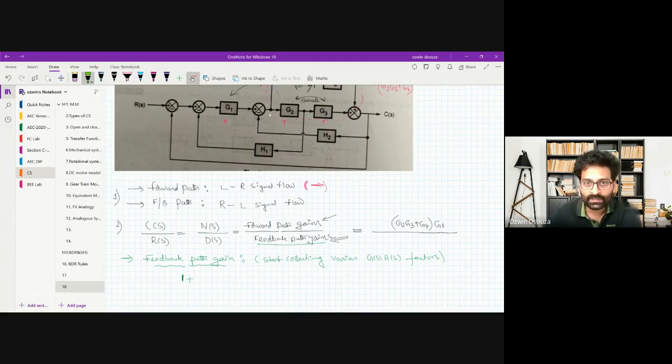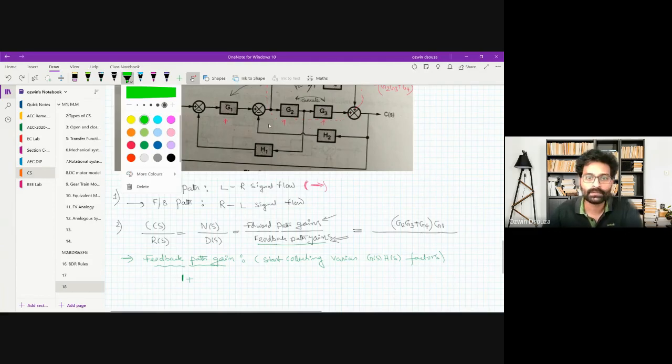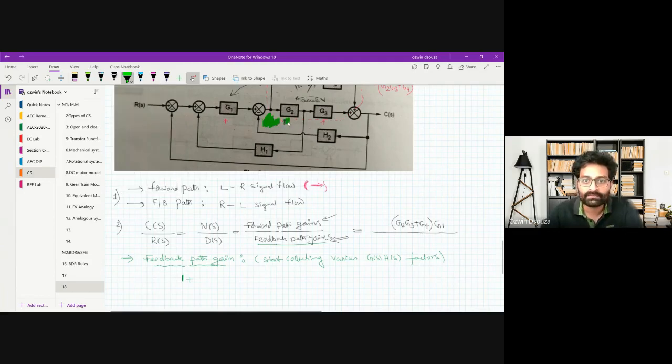So over here you can see one feedback loop. Is this visible? I don't think so. It is visible. Let me use the highlighter pen. This is my feedback loop. And what will be the feedback factor?